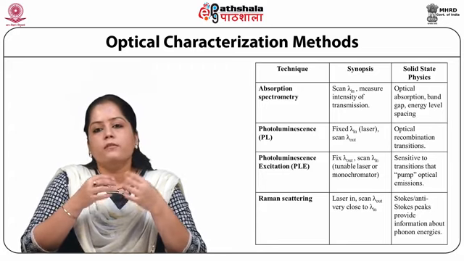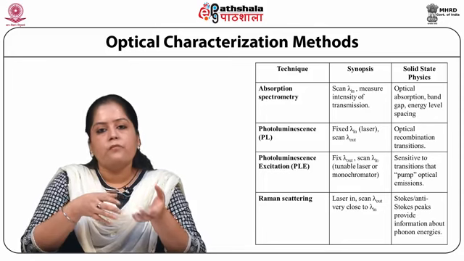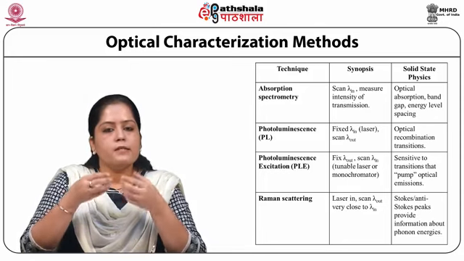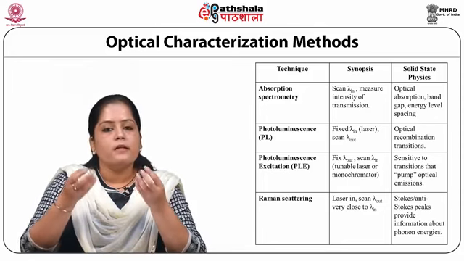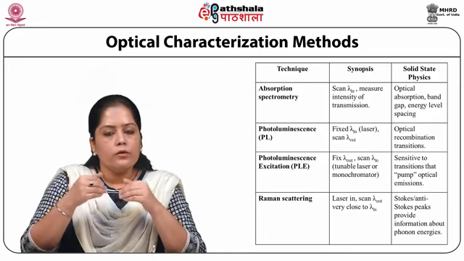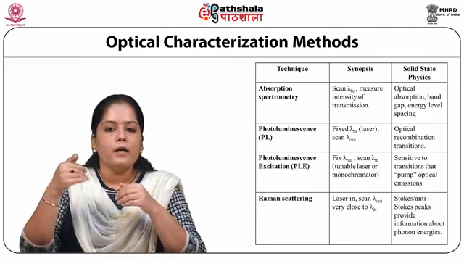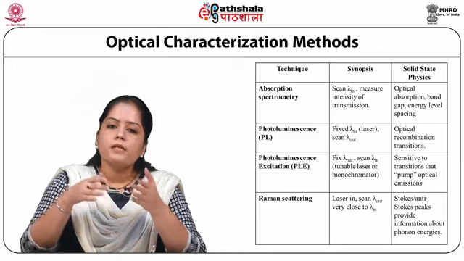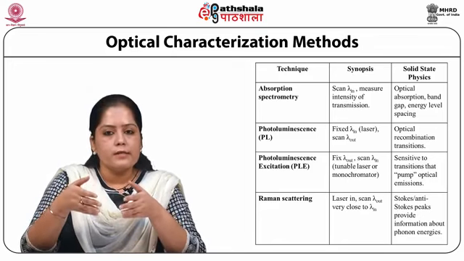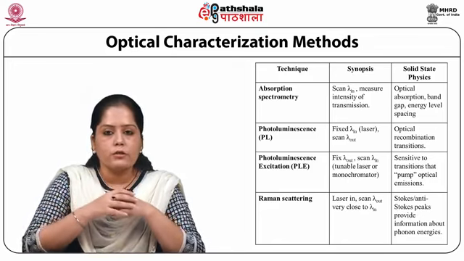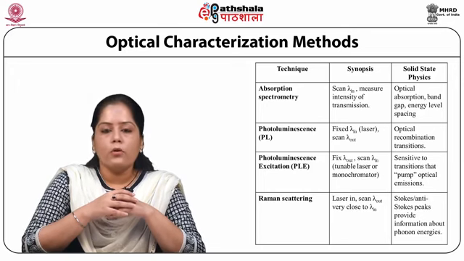Next we have Raman scattering, where the laser in is scanned, that is, lambda out is very close to lambda in. Stokes and anti-Stokes peaks provide information about the phonon energies.